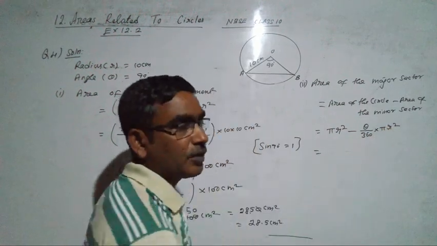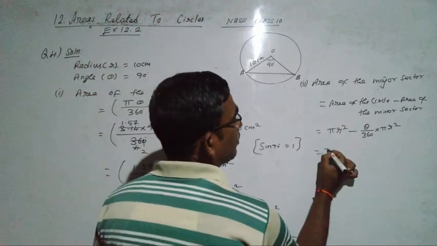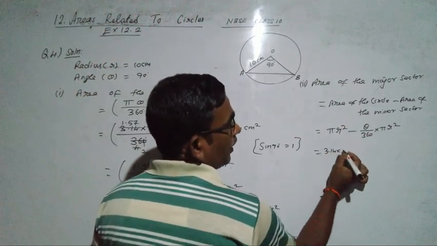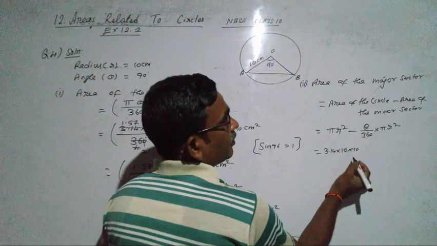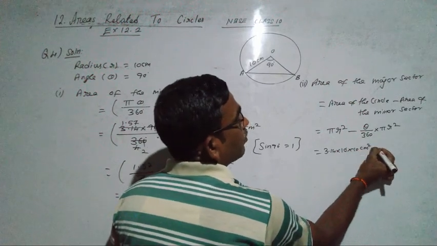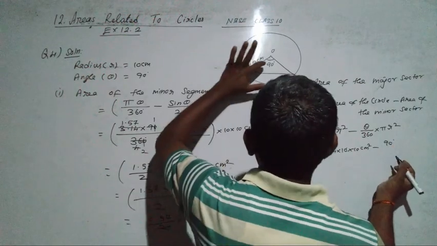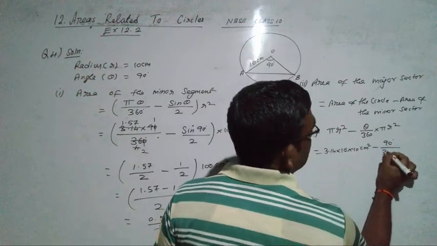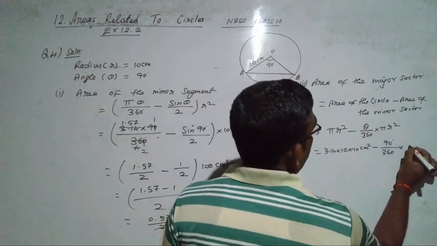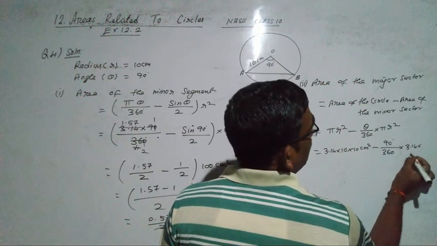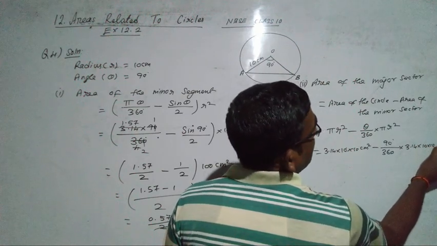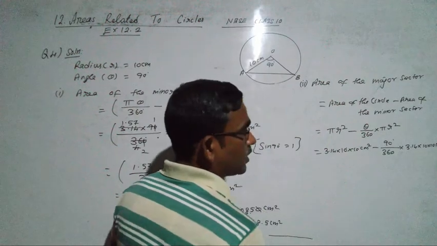Okay, I can put the values. Pi value we know 3.14 and radius becomes 10 into 10 centimeter square minus, here theta value we know 90, because we know theta is equal to 90 by 360 into pi becomes 3.14, radius becomes 10 into 10 centimeter square. Okay, let's simplify.